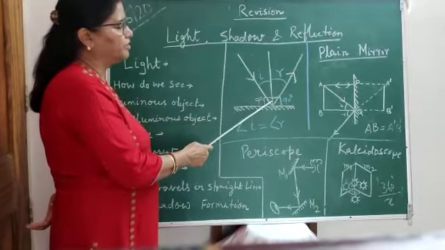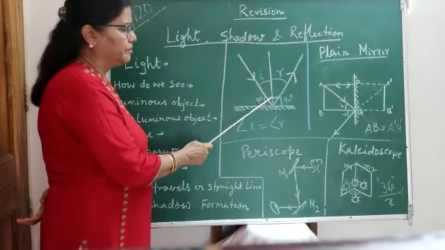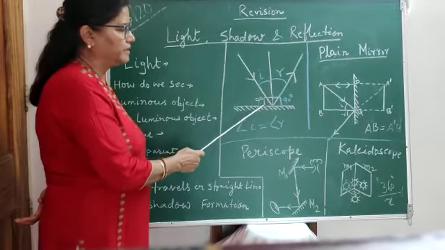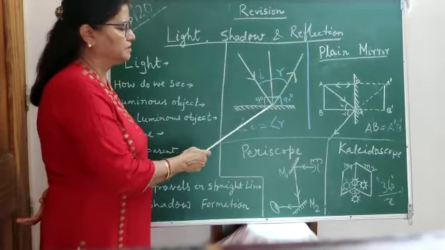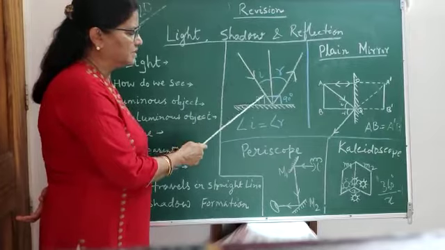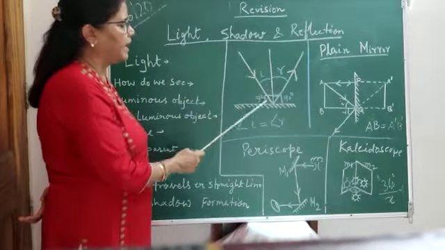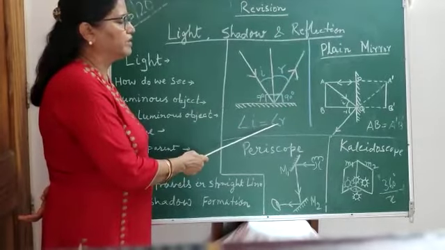Now we draw a normal to this point. What is normal? This line makes 90 degrees with this surface. Then this is the incident ray, normal and reflected ray. There are two laws. Angle of incidence is equal to angle of reflection.